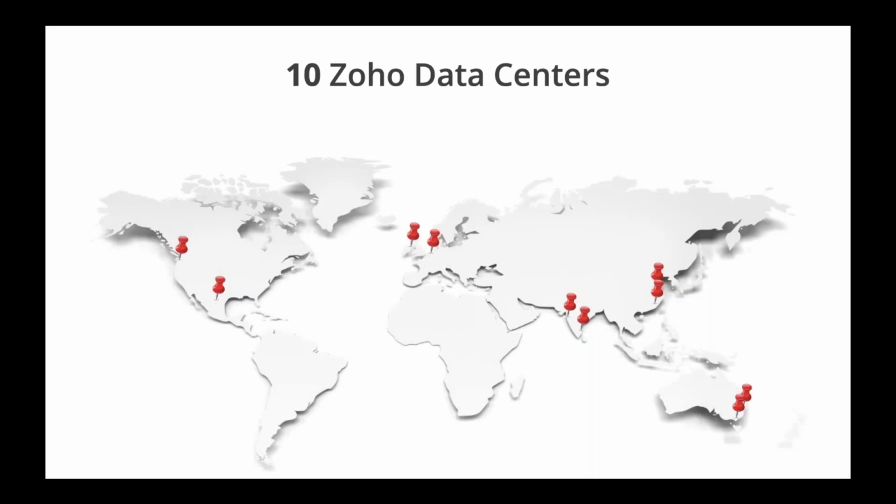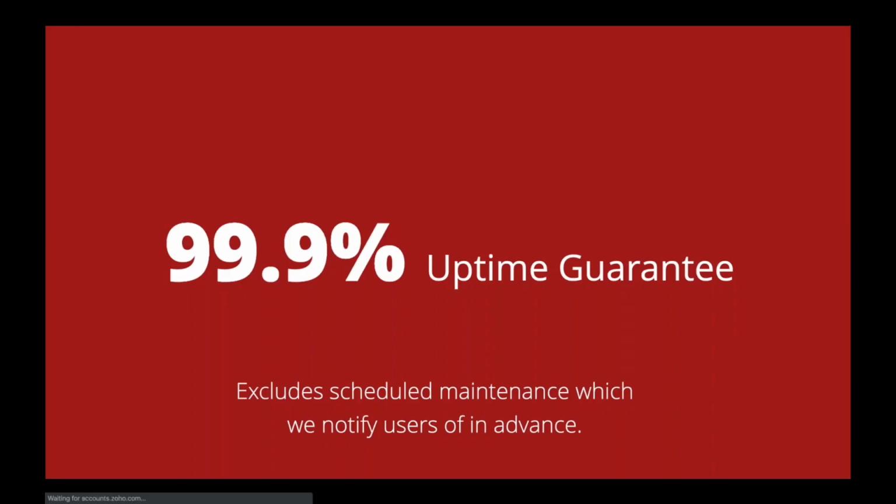Availability. So there are 10 Zoho data centers right now. Most recently, we launched 2 in Australia, and we position these around the world because we know that people often want them in their own country for various reasons. We give you a 99.9% uptime guarantee. So this doesn't include things like scheduled maintenance, but we do notify you in advance whenever we plan something like that.